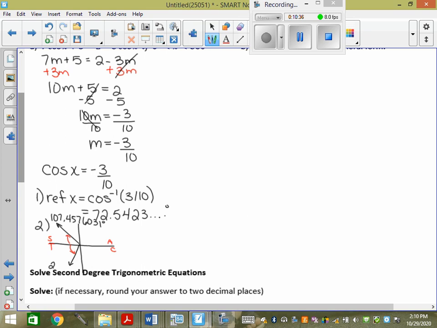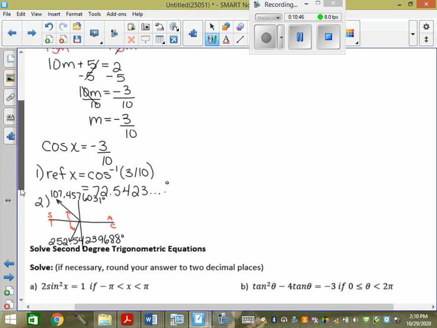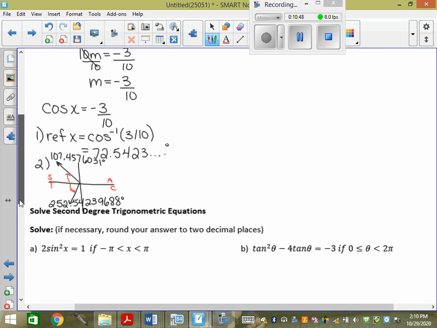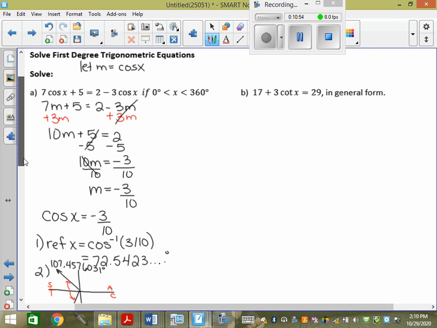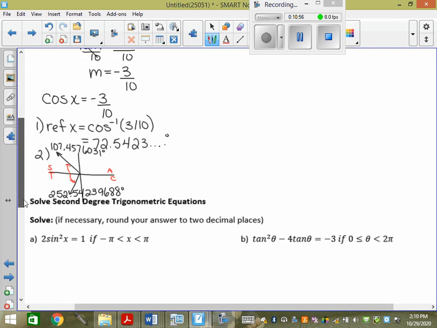So I get 252.54239688 degrees. So those are my two answers on 0 to 360, right? What the heck was our domain? Our domain between 0 and 360. Boom. x equals 107.5 degrees and 252.5 degrees.